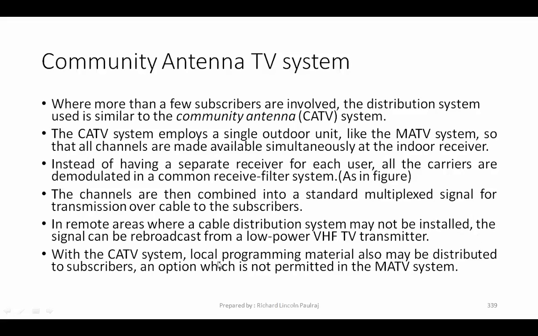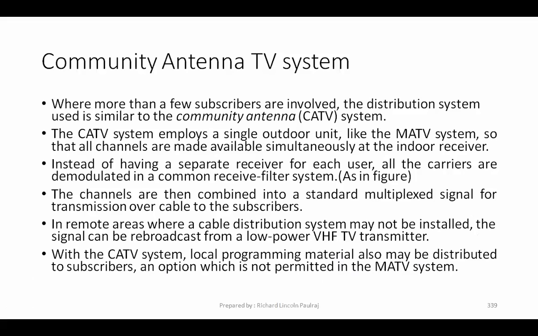With the CATV system, local programming material also may be distributed to subscribers, an option which is not permitted in MATV. In a community antenna TV system, it is just like the previously used cable connection, wherein you will have your city news, your local news, local channel.